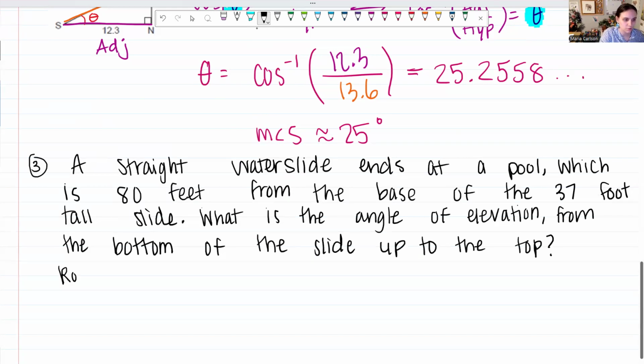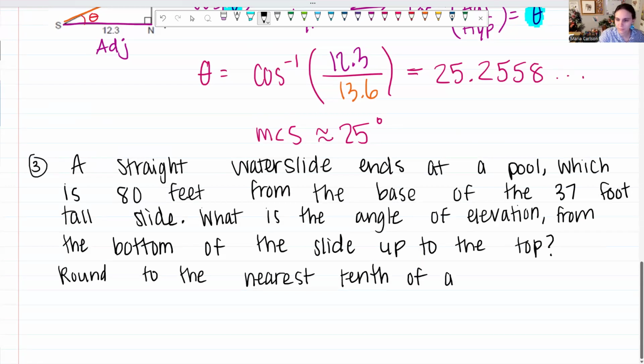And we are going to round to the nearest 10th of a degree.